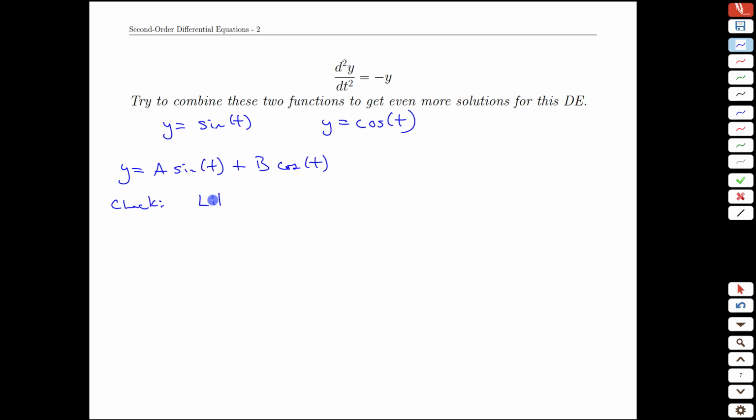The left-hand side of our equation is still the second derivative of y, which is now, we think, something a little more complicated, but fortunately not that hard to differentiate. a sine of t plus b cos of t. Differentiate it once.